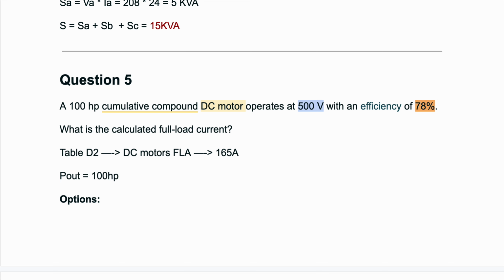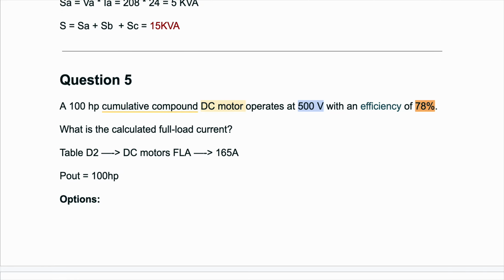Imagine that the motor is a black box, and it's not important for us what is inside. We just know about the output of the black box, which is 100 horsepower.